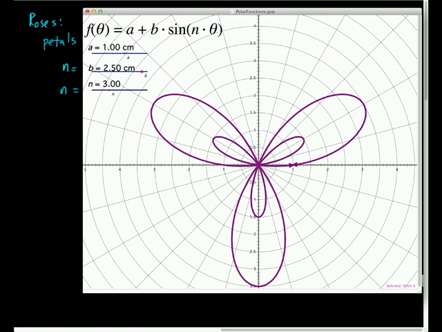So one of the ways we can see this, I'll throw a little point on my graph, and I'll animate it. And you can see that it's moving along the curve. Let's see, I could speed that up a little bit. It does a big petal and then a little petal, I believe, is the pattern. So it goes through that.